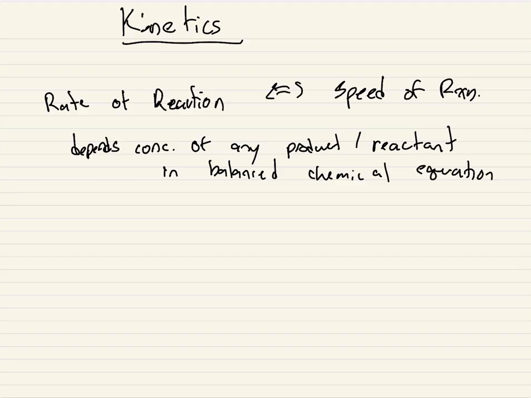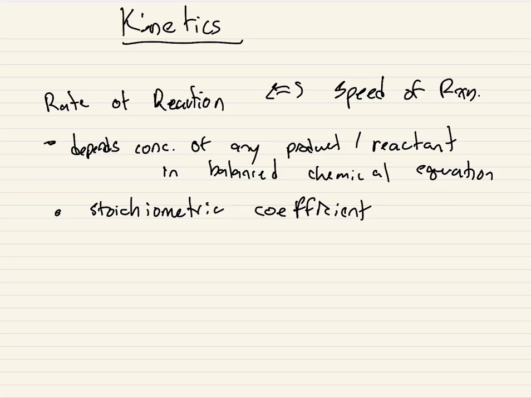And then we also have the balanced chemical equation, so that also means that the stoichiometric coefficient is also important when we're looking at the rate of the reaction, right? Because if we have one reactant that's being consumed, and let's say we're making two products, that means for every one reactant we lose, we gain two of the product, right? So we have to include that when we talk about our rate of reaction.